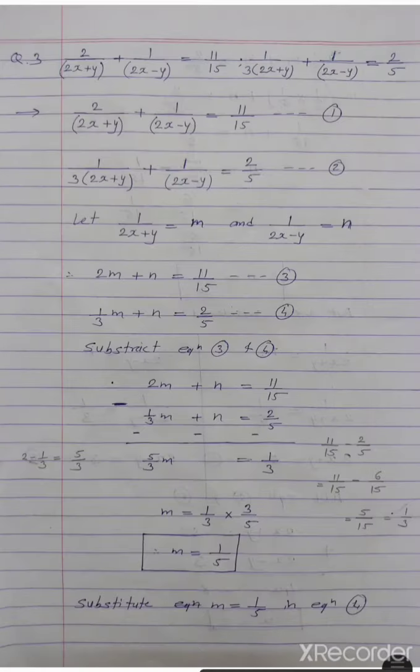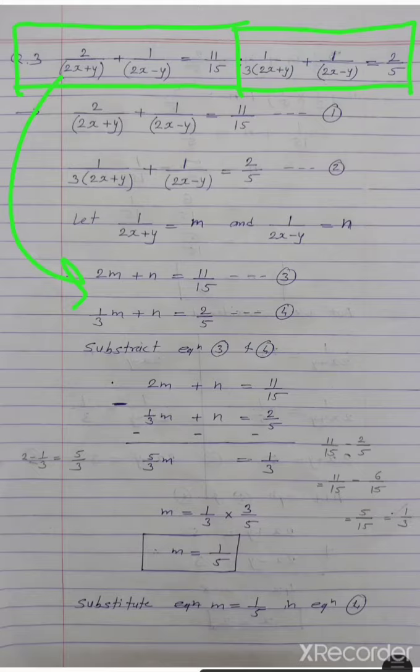Now let us revise all these steps. First, observe the given equations and find out whether these given equations are linear equations in two variables or not. If not, then make them linear equations in two variables.